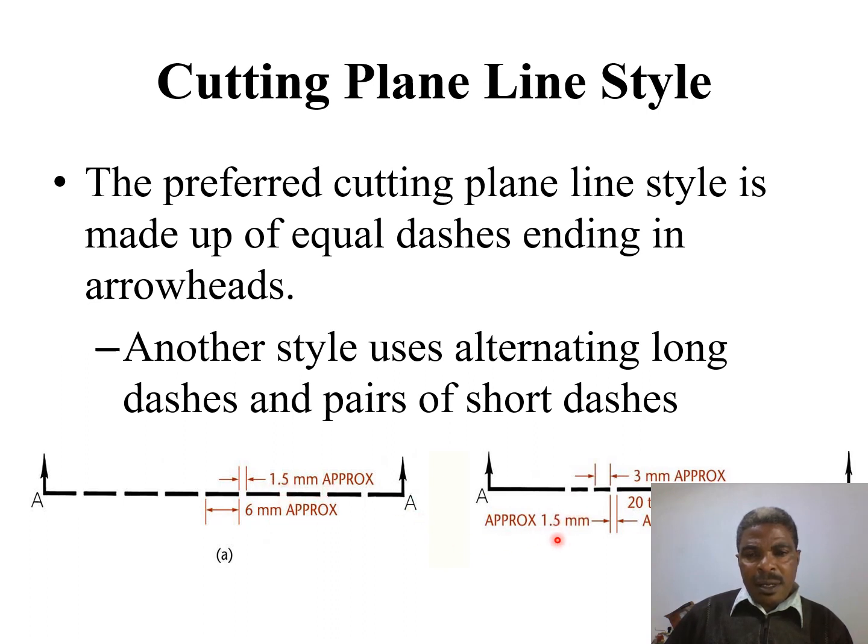Whereas for short distances, the dash is 3 millimeters, half of the longer one, but the space in between is equal to 1.5 millimeters, as for the longer line.